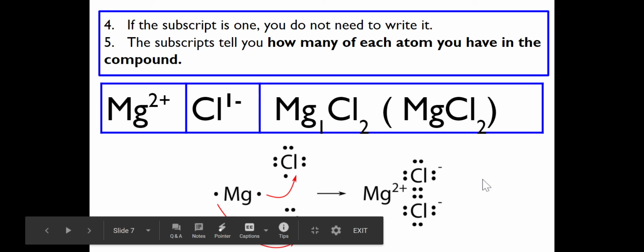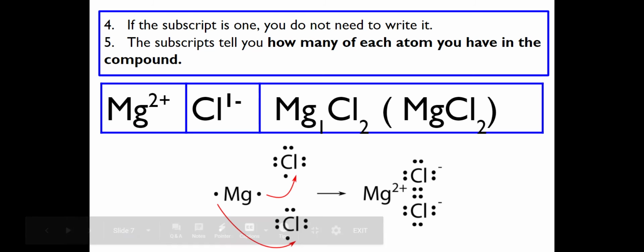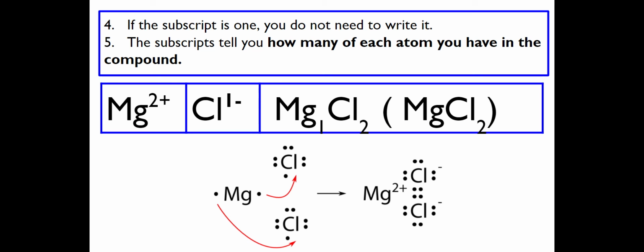Okay, so to understand it better, you may look at this picture in here, we use the Lewis dots to represent. Magnesium has two valence electrons, so there are two dots. And the one magnesium needs to give away those two electrons. One chlorine only needs one.